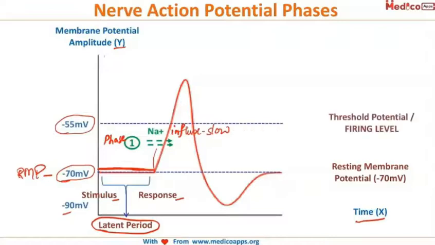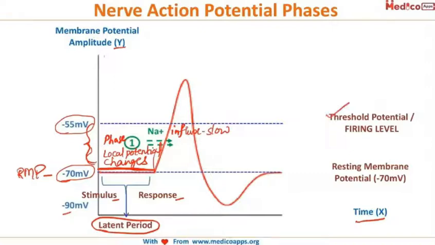When the cell reaches minus 55 millivolts from minus 70 millivolts, this is called local potential changes, and minus 55 millivolts is characteristically termed the threshold potential or the firing potential.